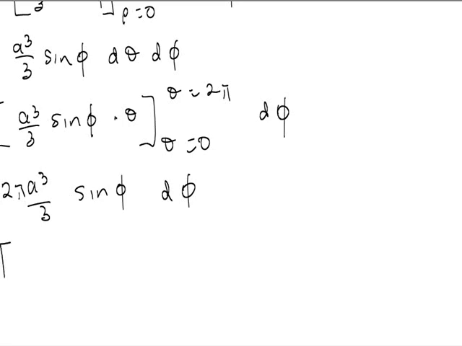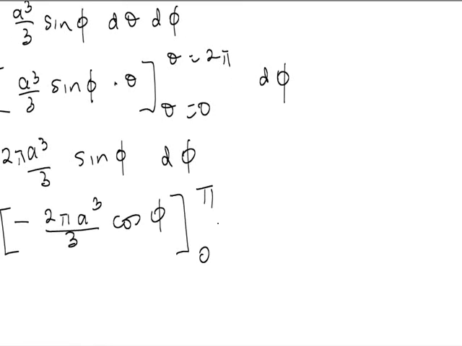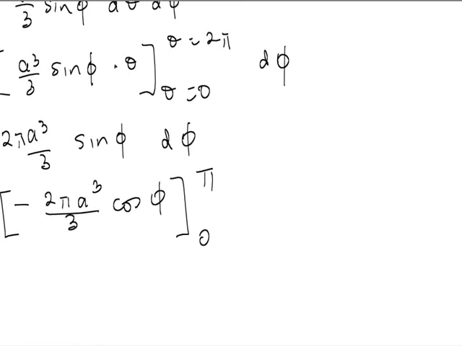Integrate with respect to phi. You have a minus 2 pi a cubed over 3 cosine phi from 0 to pi. Substitute. Cosine pi is negative 1, so this becomes just 2 pi over 3 a cubed, minus, that's a plus. Cosine 0 is 0, so that cosine 0 is 1, I'm sorry.